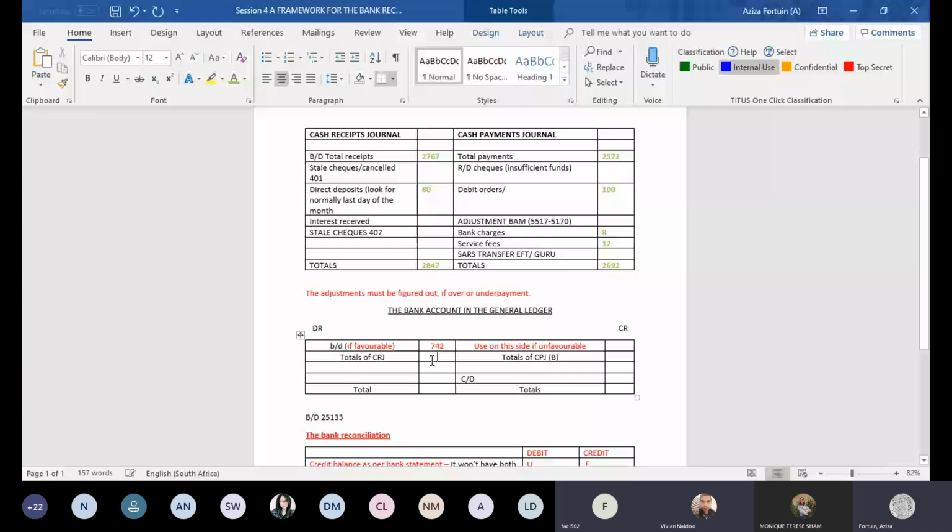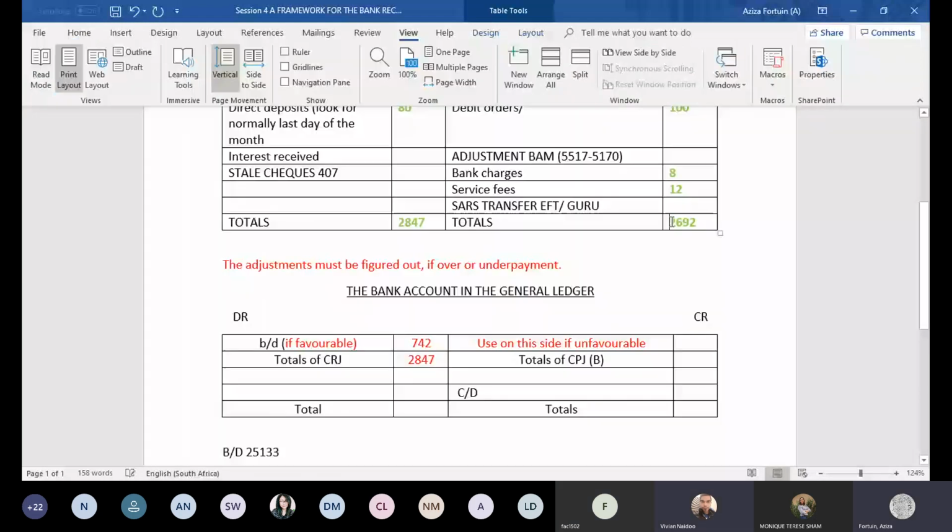Not really. Maybe just change the font color to black. Okay, let me just make that black. Okay, sorry about that. I didn't know you guys couldn't see. Is the red okay? Yeah, red is fine. Yeah, I can see now.